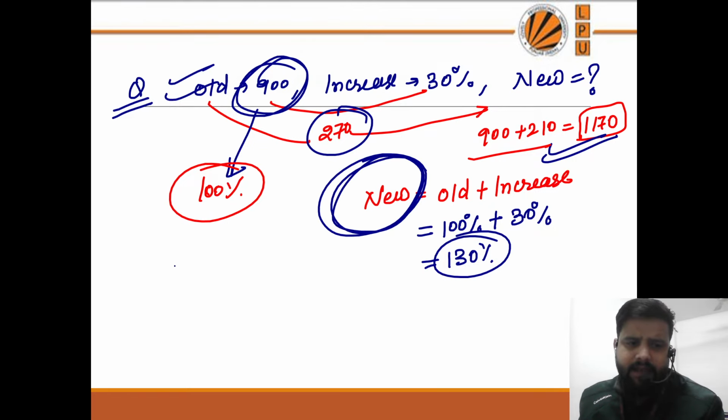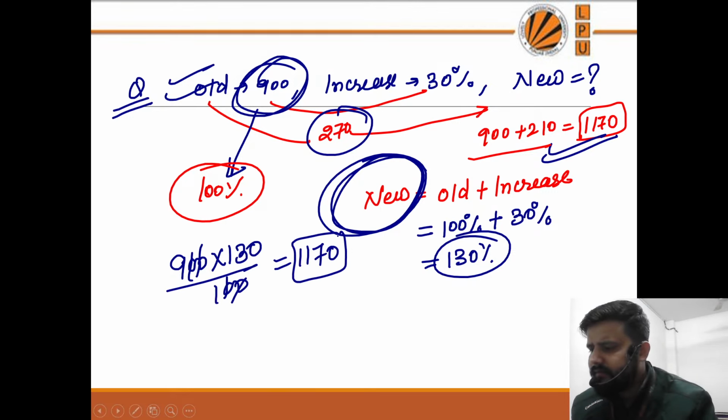So when you calculate 900 multiplied by 130 and divided by 100, it will give you directly 1170. Is it fine till here?